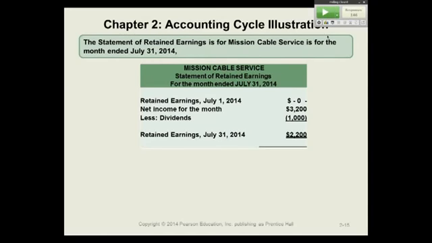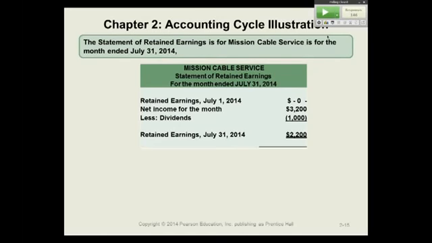Is it supposed to be July or August? For retained earnings? It's August 1st, July 31st. So what happens here is that July 31st becomes August 1st, right? And that's where it would start.